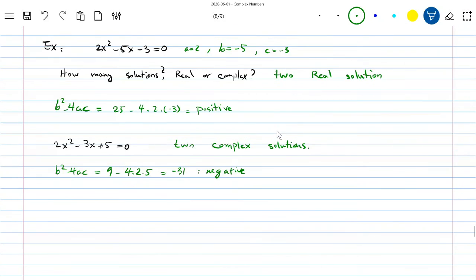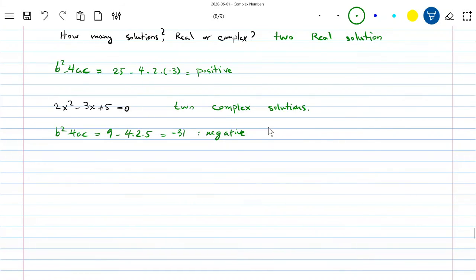If the discriminant is 0, it tells you something about the equation as well. Let's say x squared minus 6x plus 9 equal to 0.